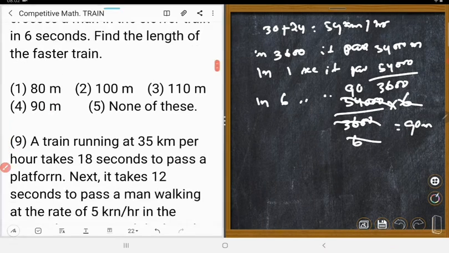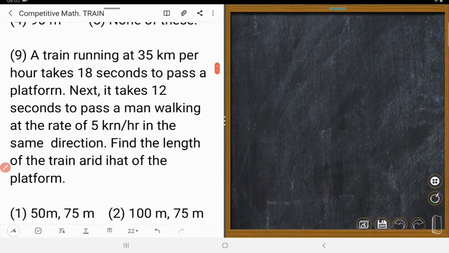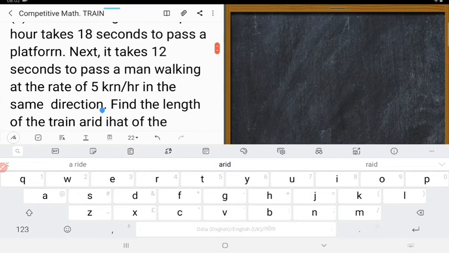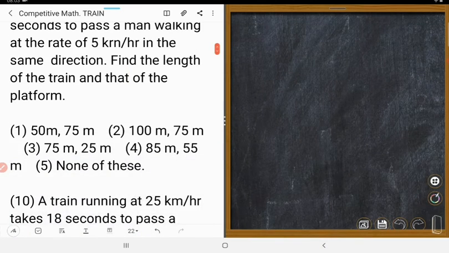Next one is number 9. A train running at 35 km per hour takes 18 seconds to pass a platform. Next it takes 12 seconds to pass a man walking at the rate of 5 km in the same direction. Find the length of the train and the length of the platform.